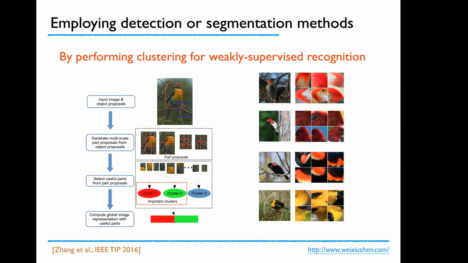Then by using the unsupervised clustering approach, we can generate part proposal prototype clusters and further select useful clusters to get discriminative part level features, and the rest unselected clusters might be the background or some other noise.